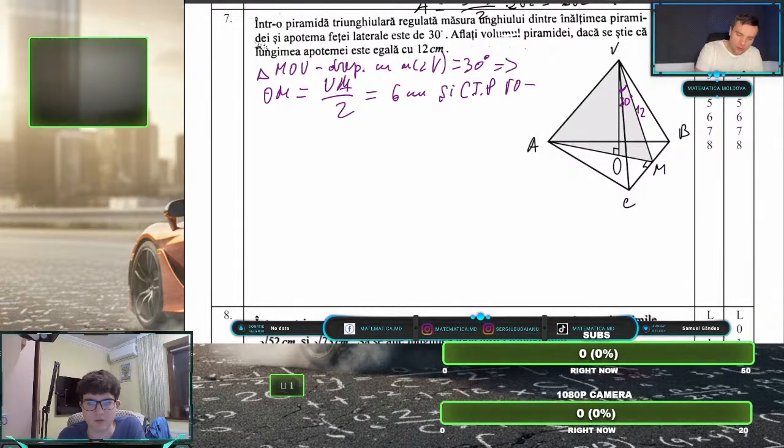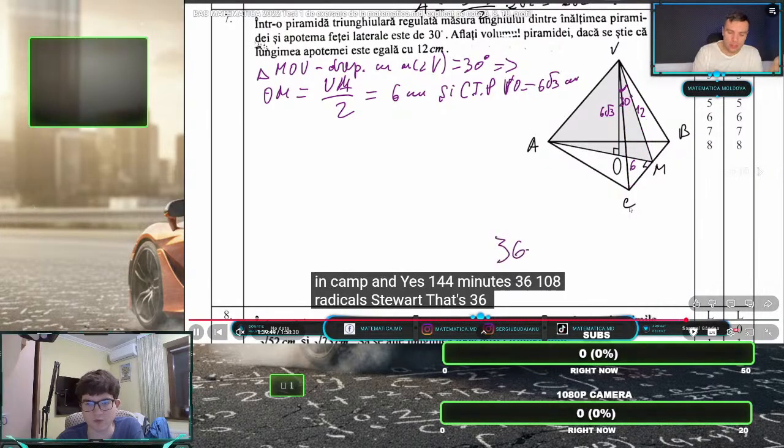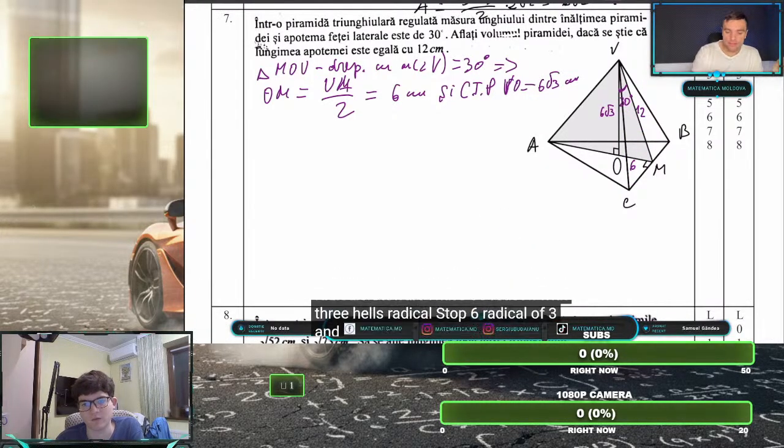And from the Pythagorean theorem, 6 square root of 3 is going to be the height. You just add a square root of 3, and that's what you get. It's always like this with 90 degrees and then 30 degrees there.